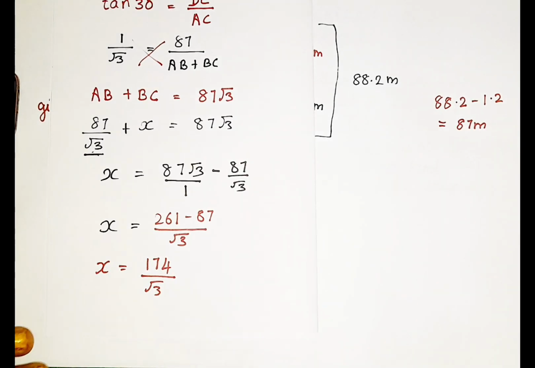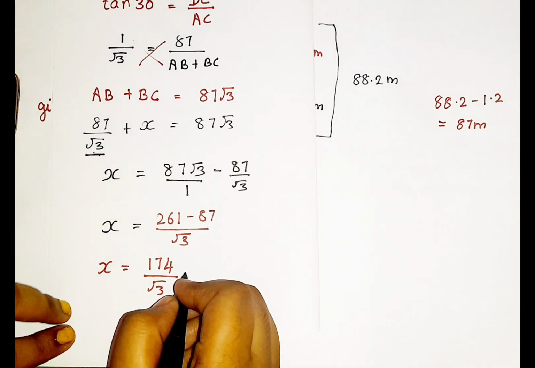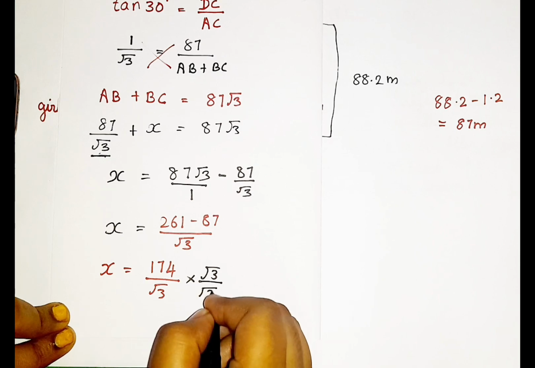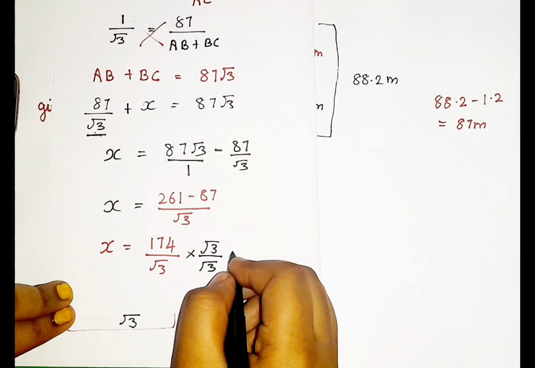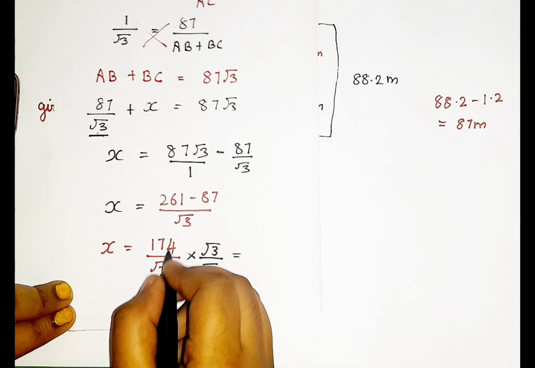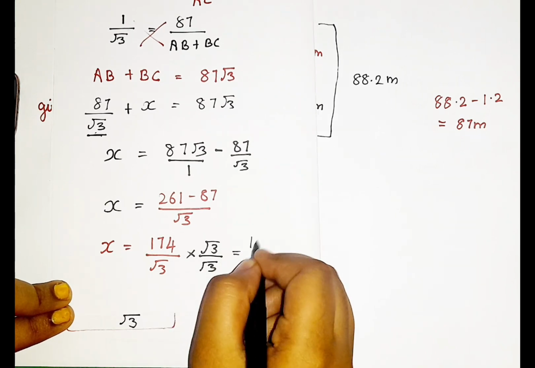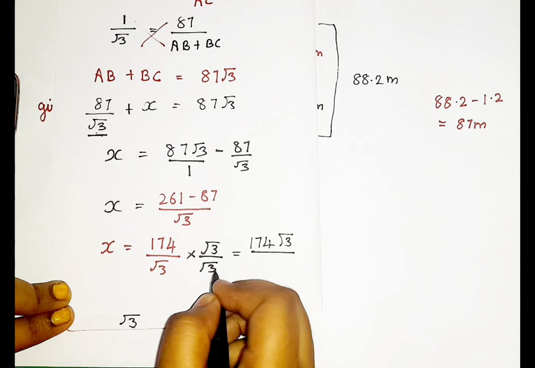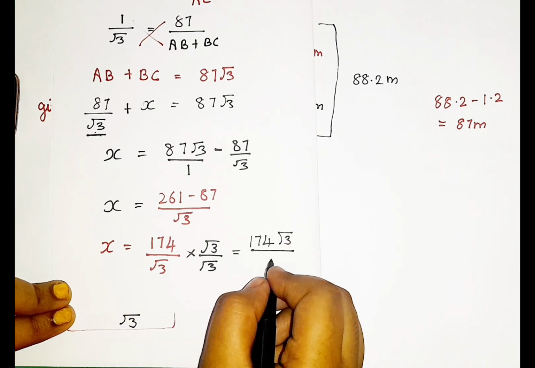I just told you guys we should not have root in the denominator, isn't it? So just because we should not have root in the denominator, I am going to multiply by root 3 and divide by root 3. So now it is equal to 174 into root 3 is 174 root 3, and divided by root 3 into root 3 is 3.